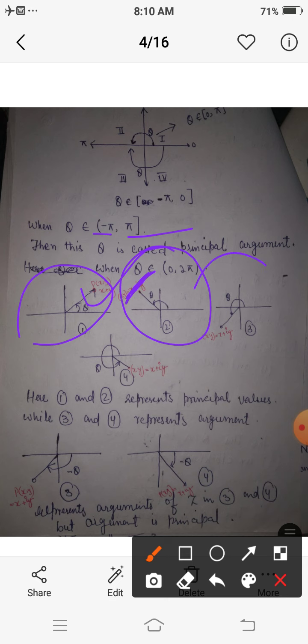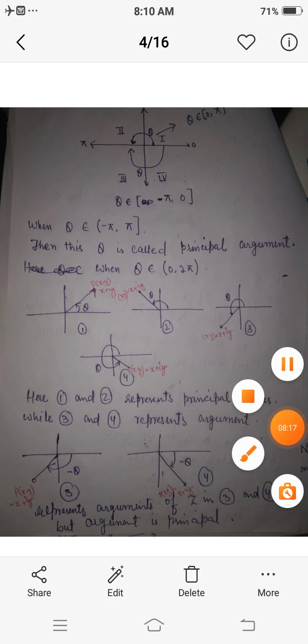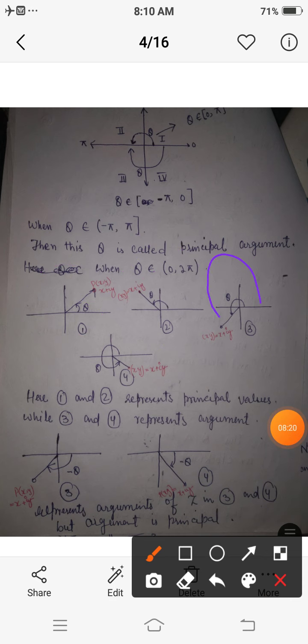In the third quadrant we have two conditions. One, if we measure in the anti-clockwise direction, meaning the positive direction, the value of theta is greater than 180 degrees. So if we consider this direction, theta is simply called the argument, but it is not the principal argument, because its value is greater than 180.